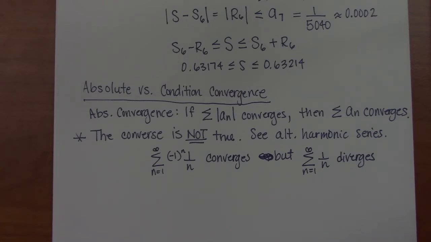If I take the absolute value of this alternating series, that becomes positive 1 over n, and I end up here. So you can't assume that if the alternating series converges, that this converges. But if all the positive terms converge, the alternating series will definitely converge because its sum will be less. Any questions on that?